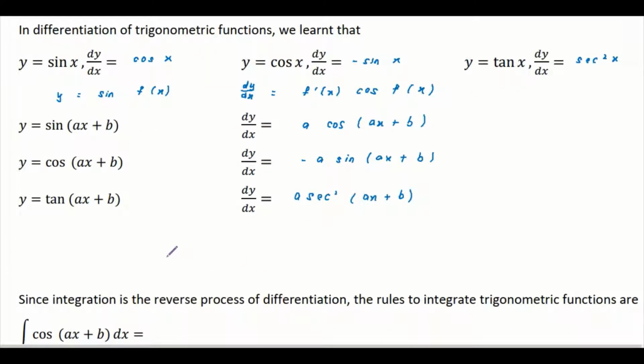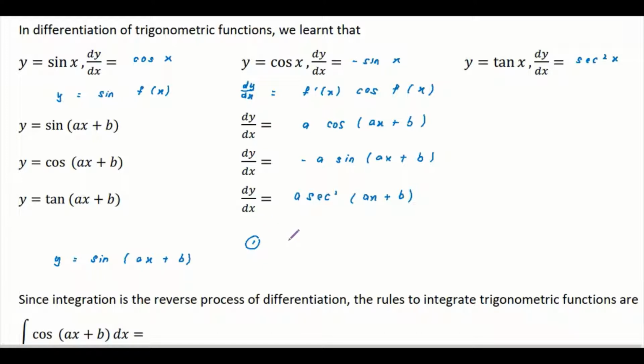So let's list out the steps that we did just now so that we can do the reverse and get the integral for the function. Let's do it with the sine function. You have y equals sine ax plus b. What are the two steps that we did?